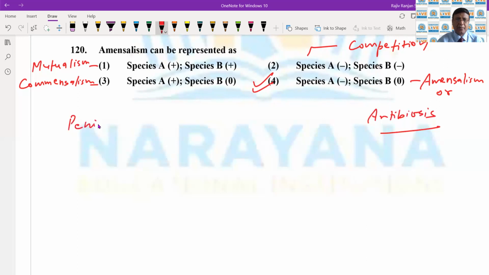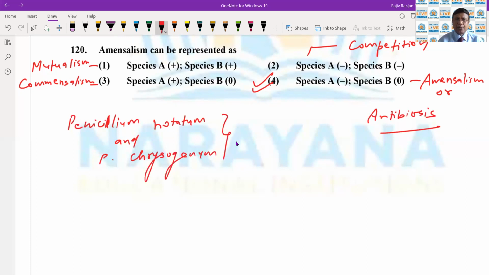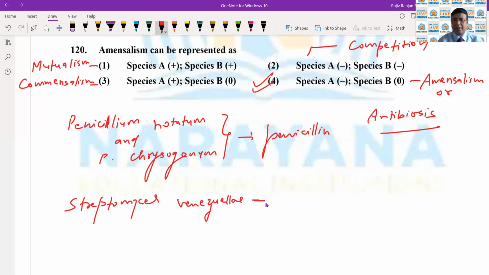Penicillium notatum and Penicillium chrysogenum both produce penicillin, whereas Streptomyces venezuelae produces chloramphenicol, also known as chloromycetin.